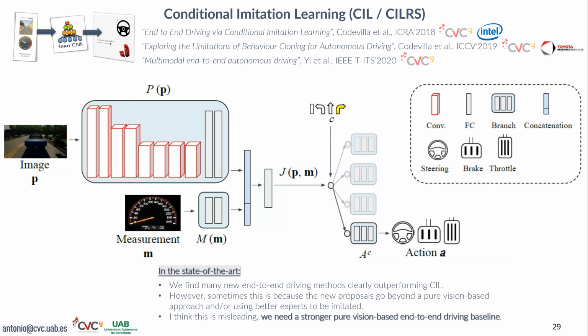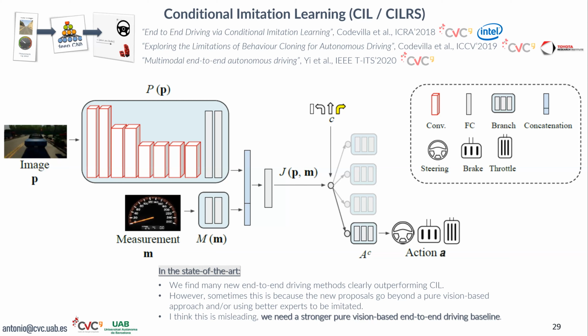There are many new models and all of them are performing much better than one model that we put there some years ago, which is the conditional imitation learning. And of course, the problem of that is that when you look at these tables and you are not really expert, you are starting, it may look like the pure vision-based approach is not worth being pursued. But the only thing that happens is that this model was done 5 years ago.